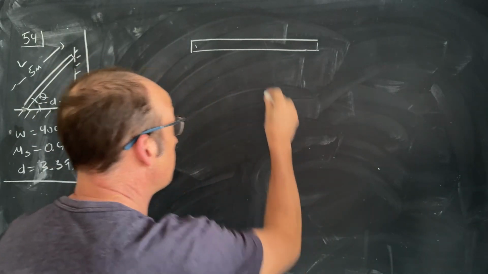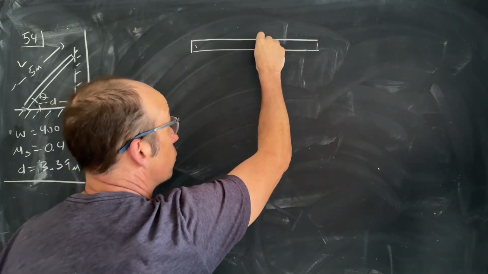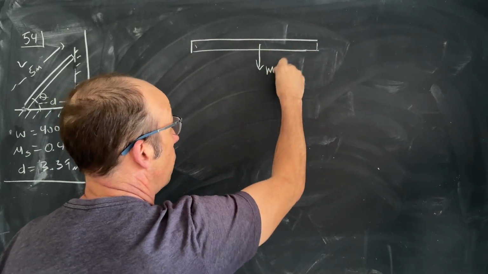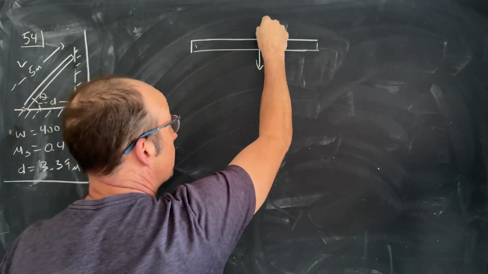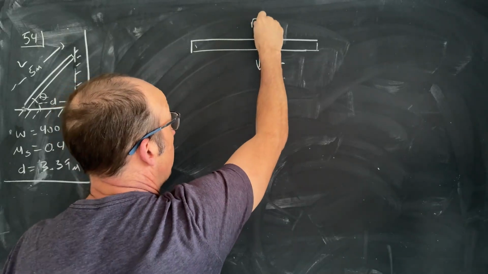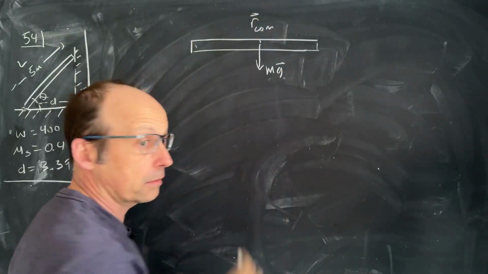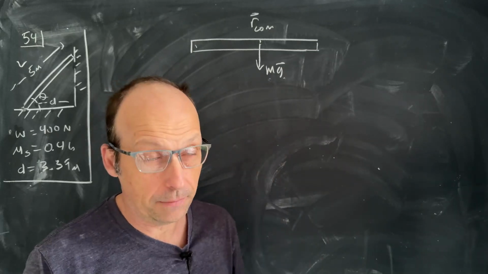So it's possible to replace all of those forces on the ruler with just one single force, where we use the total mass and the gravitational field, and we apply it at the location of the center of mass. Okay, so it turns out that we call that the center of gravity.